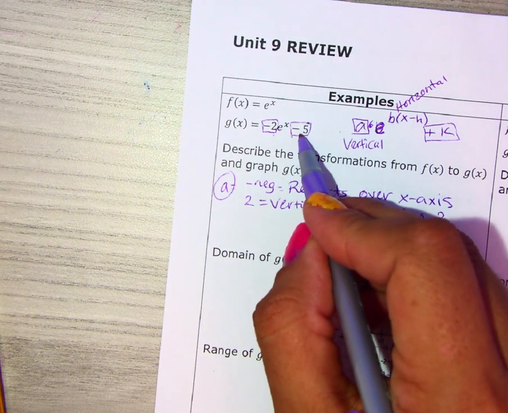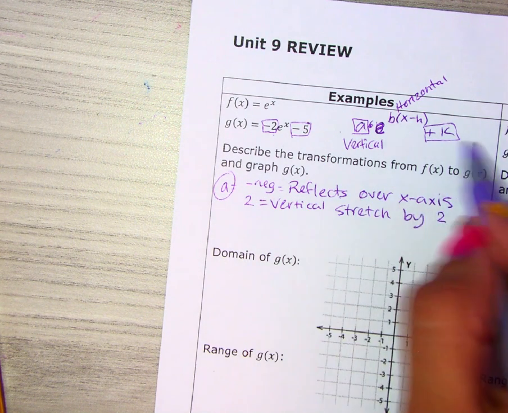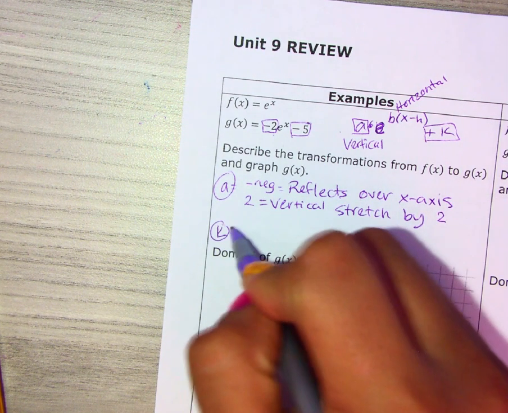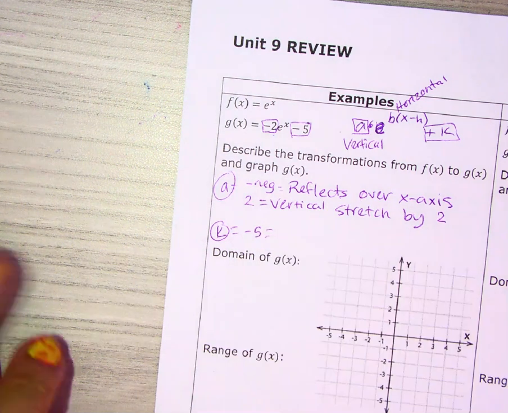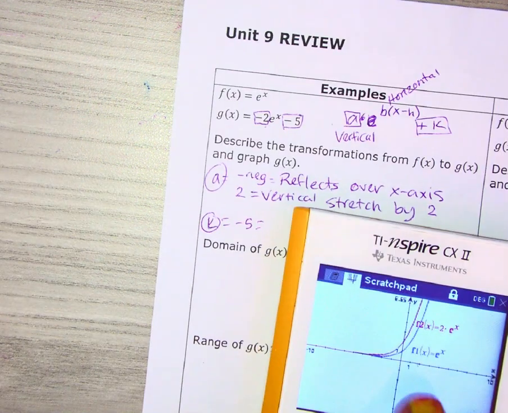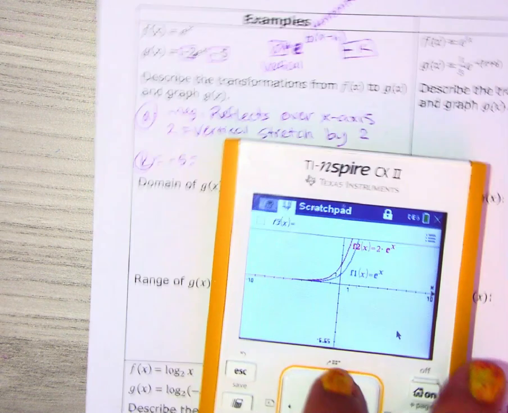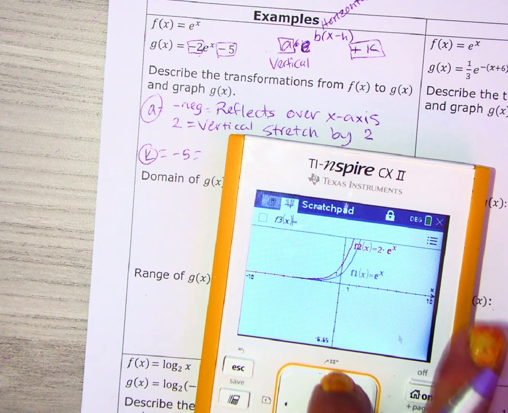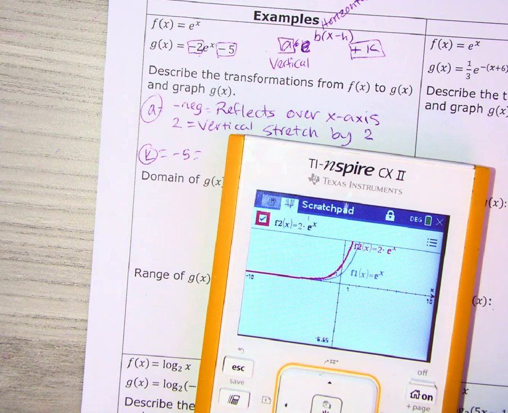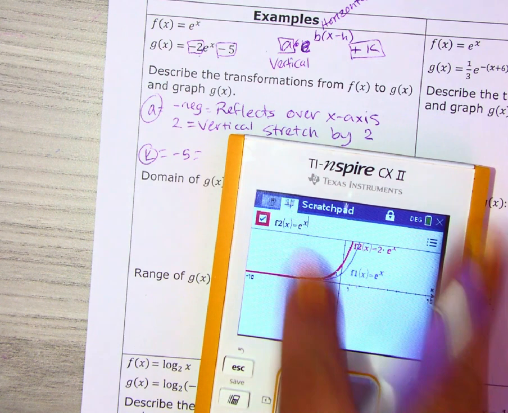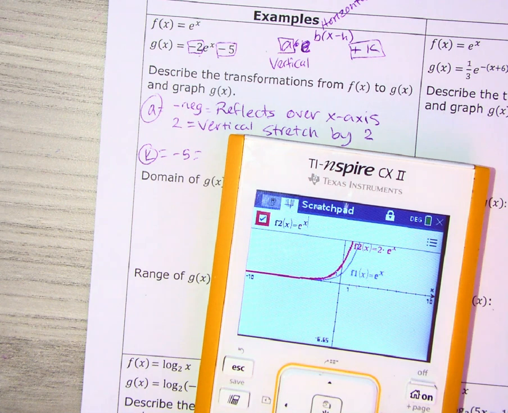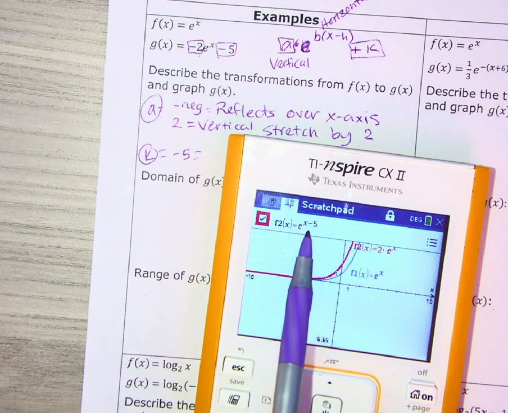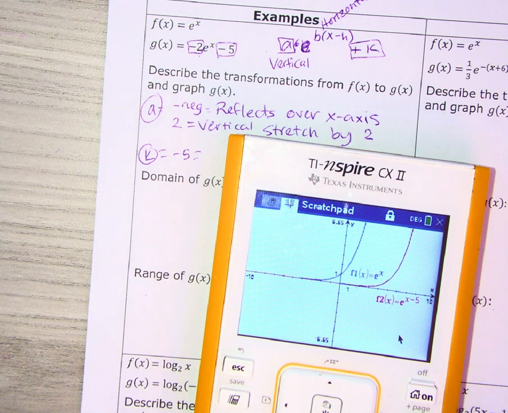All right, the last part is what happens when we have a k value that is -5. And you can either go by the anchored chart on Instagram or just type it in right here. We have the parent function, and then we're going to put -5. But be very careful. This -5 right here is in the exponent, and this is what happens when I have it in the exponent.